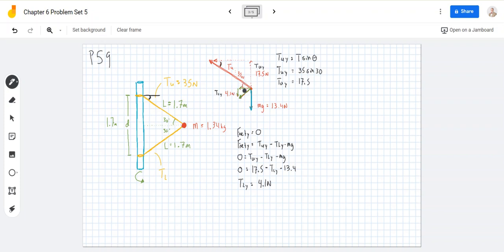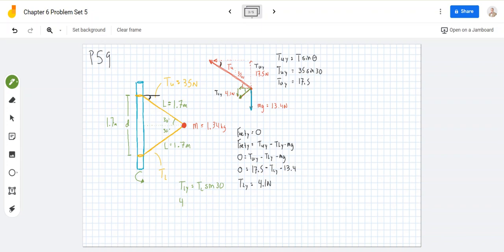So now I could actually figure out what the tension in the lower string is, because if I look at this lower string here, something that I'm noticing is that my angle right inside there is a 30-degree angle. So T lower in the y direction would be equal to T lower sine 30.